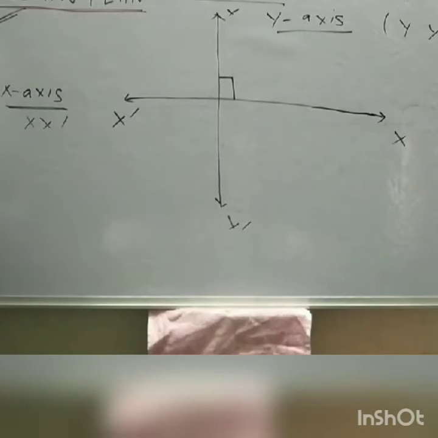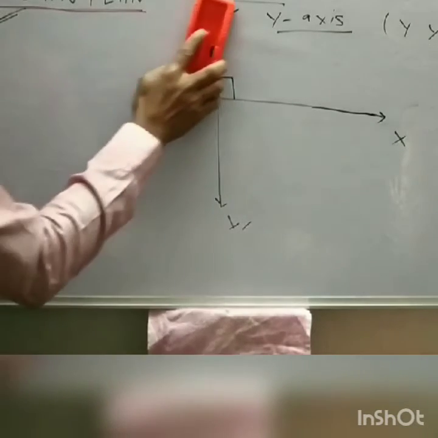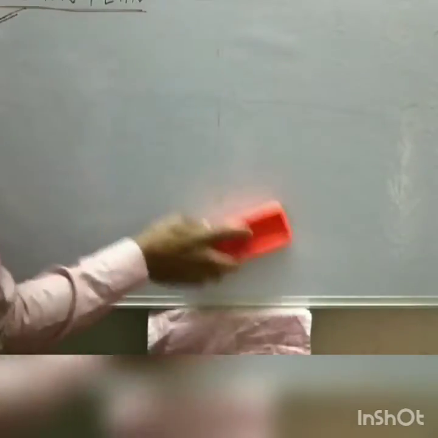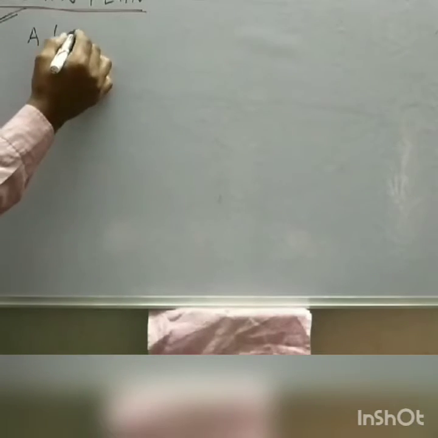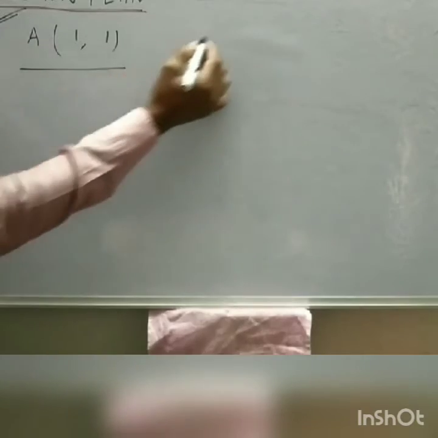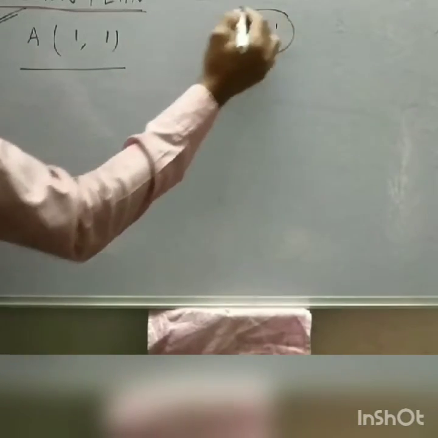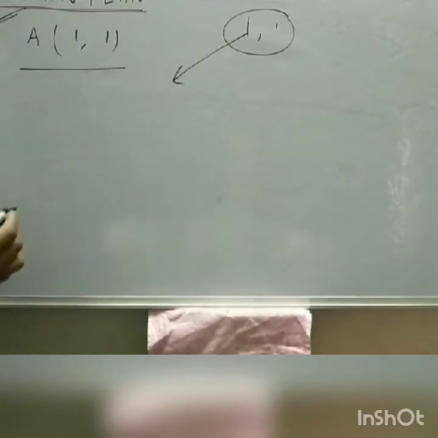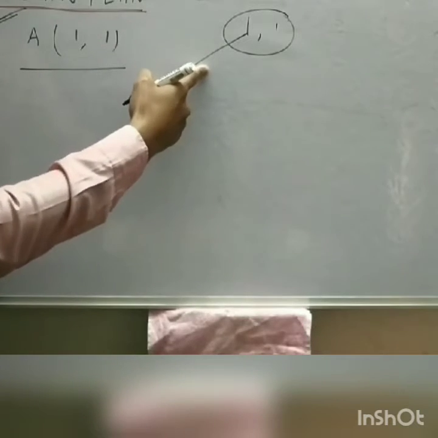So let us go to some points. Suppose some question asks us to plot this point A (1, 1). Now try to understand what (1, 1) is in the Cartesian plane. The first number is plotted on the x-axis.